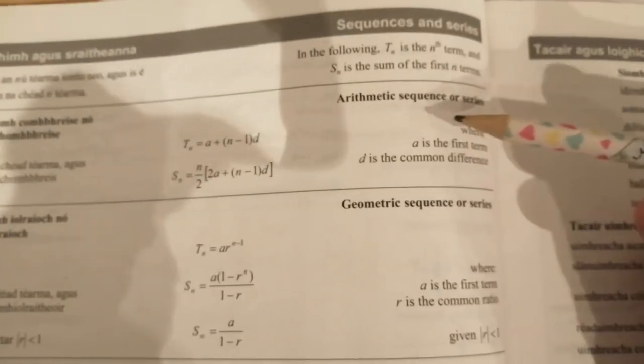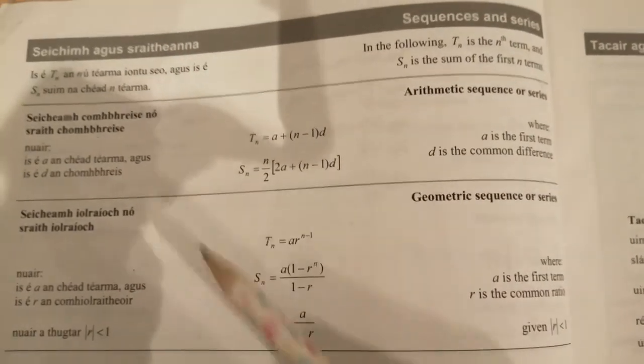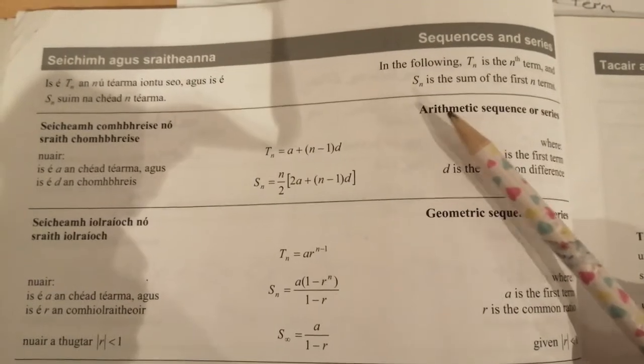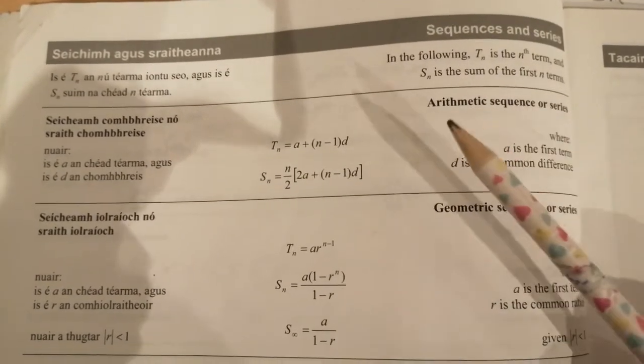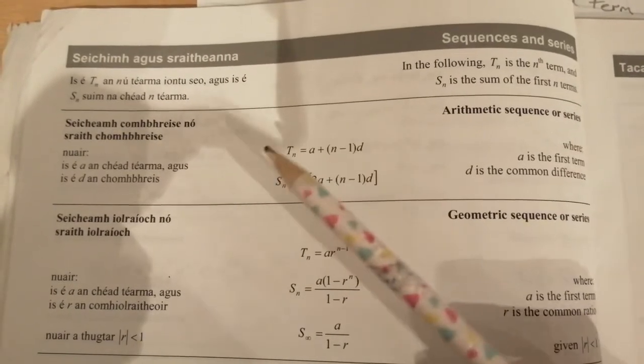So on page 22, we've got several different formulas. Now we've got arithmetic sequences and series, and then we've got geometric sequences and series. This is all Leaving Cert stuff. There's no need for you to look at that. This arithmetic sequences and series, the Tn formula here is what we're concerned with.